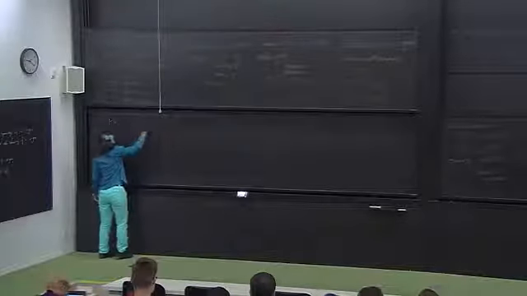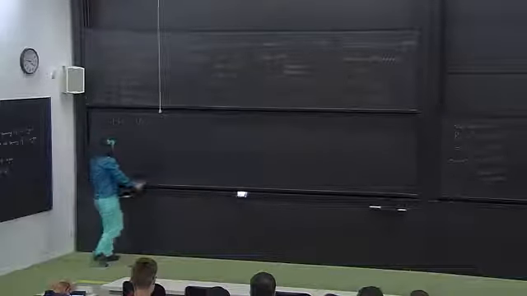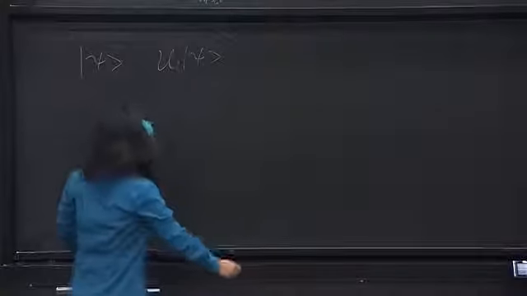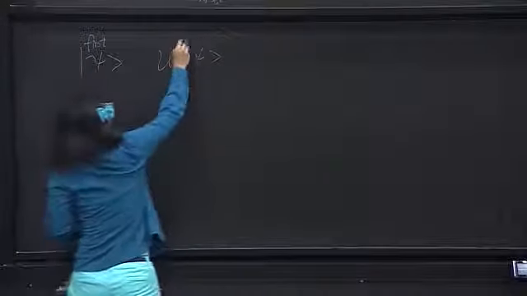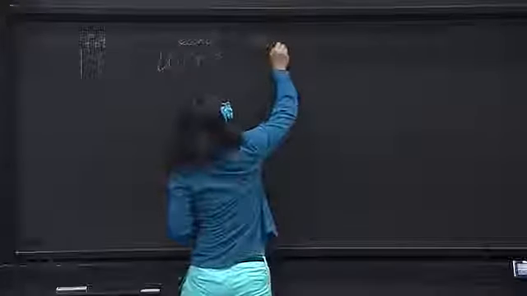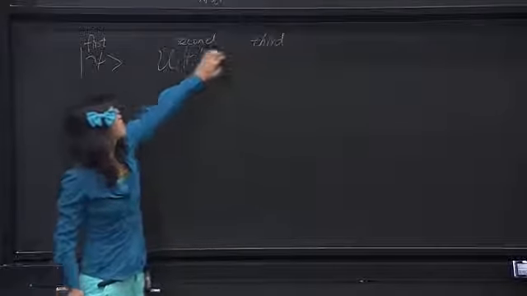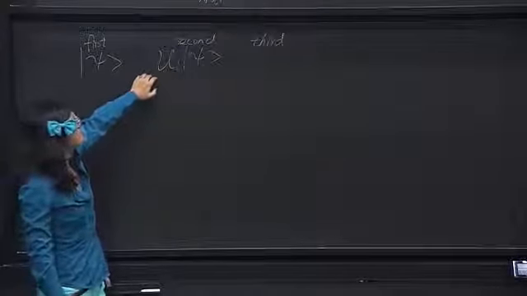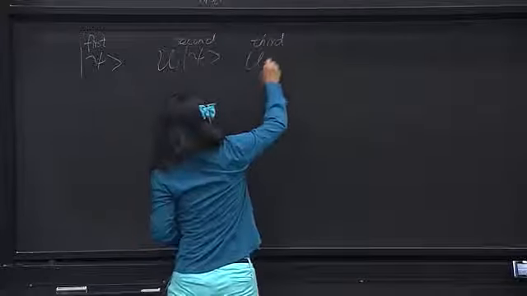We observe this state by acting a unitary operator on it. So this is the first observer, then there's a second observer, and then a third observer. Suppose the third observer is related to the second observer by a unitary operator U2.